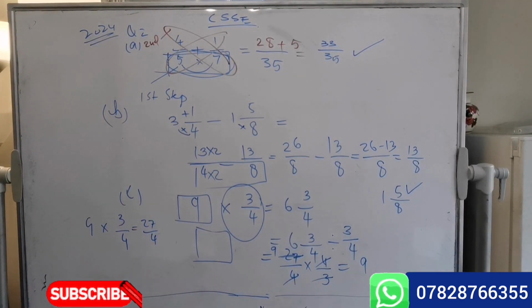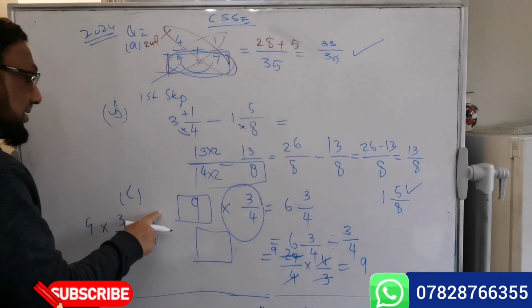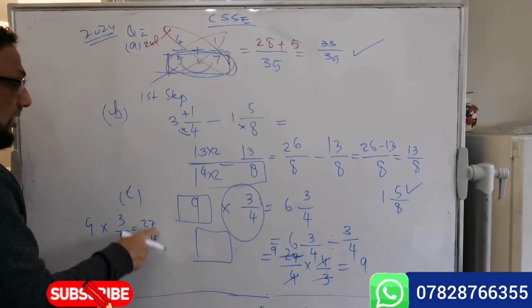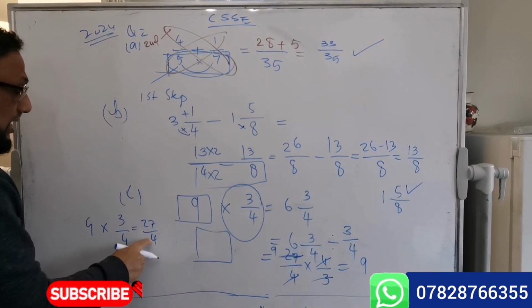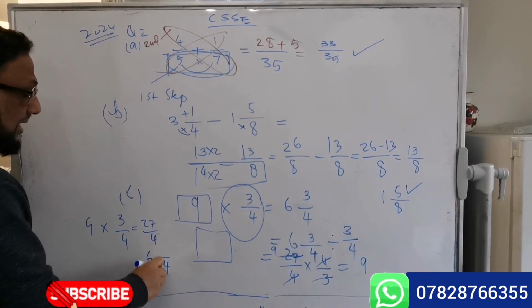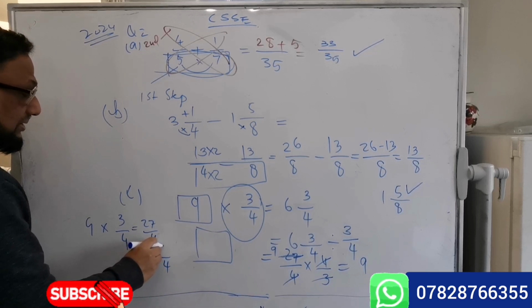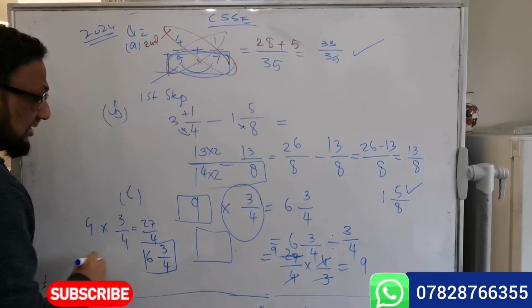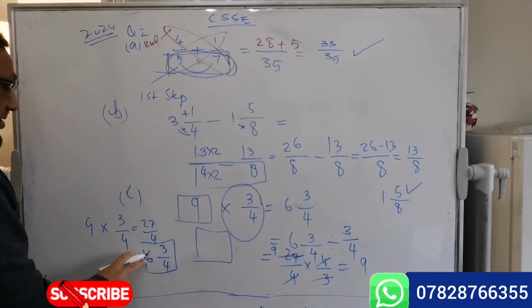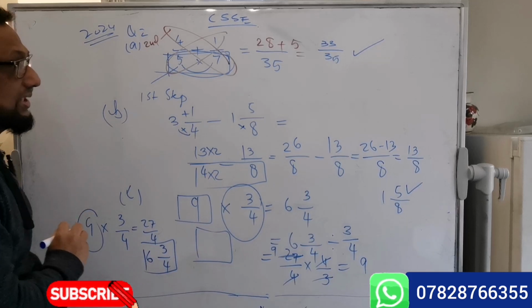Now 27 over 4, the numerator is higher than the denominator, so convert to a mixed number. 6 times 4 is 24, and the remainder is 3. So it means your answer 9 is right.